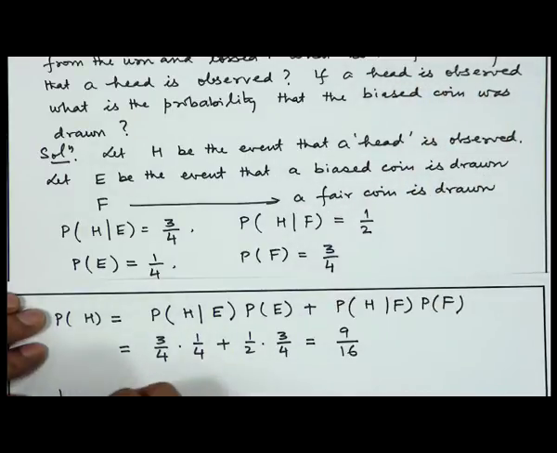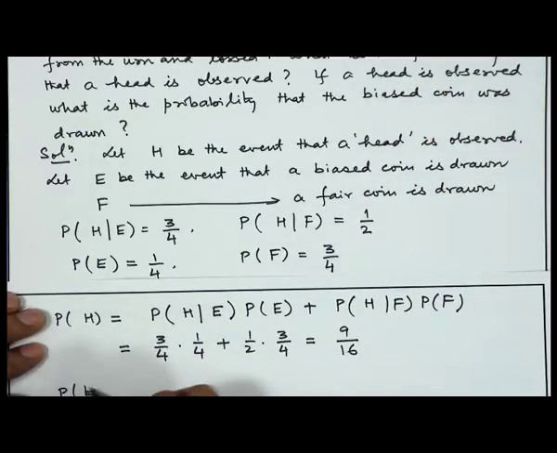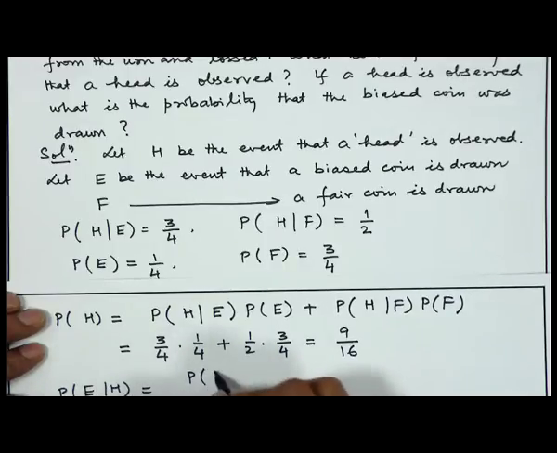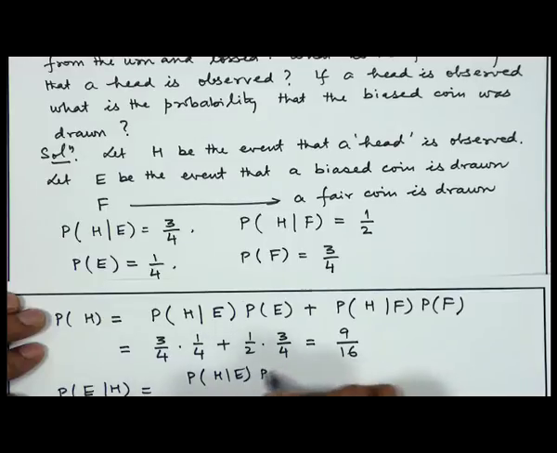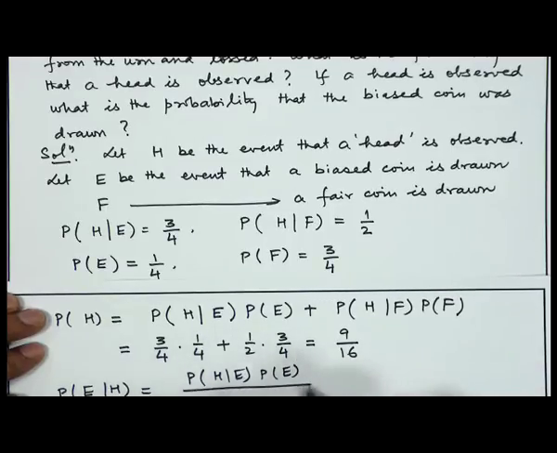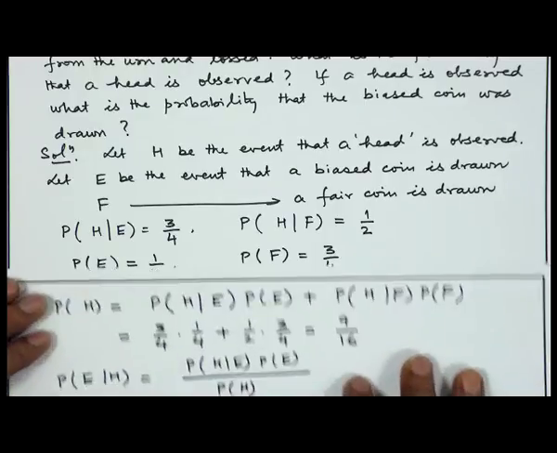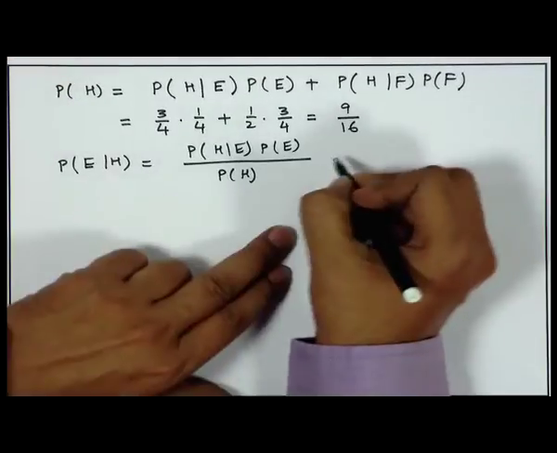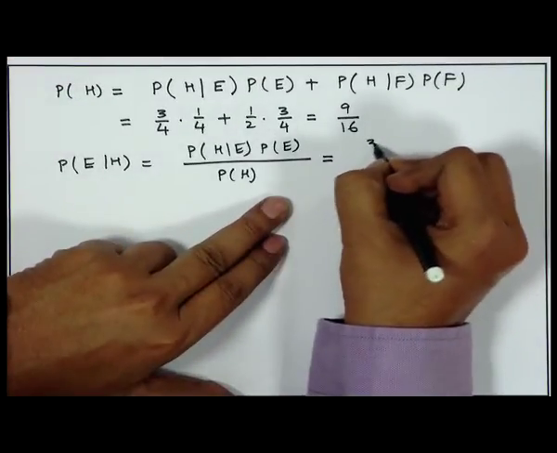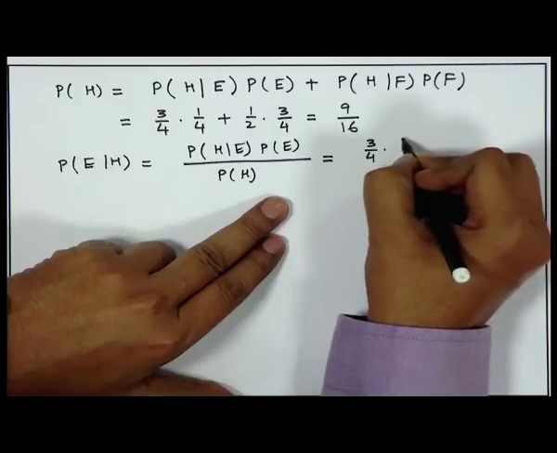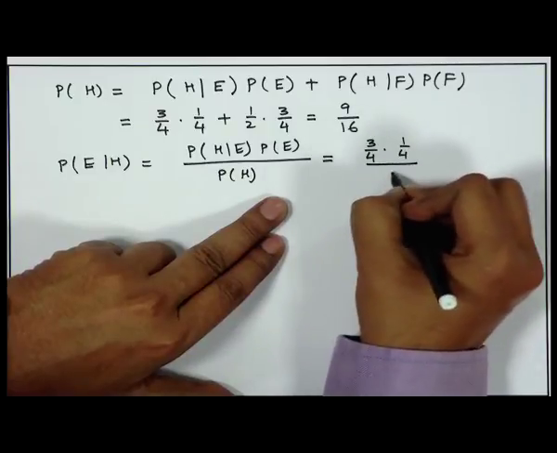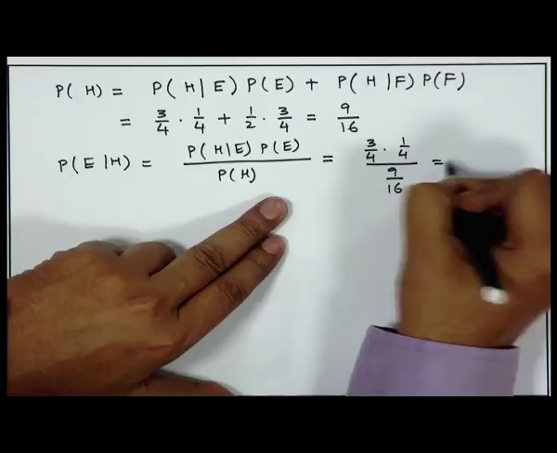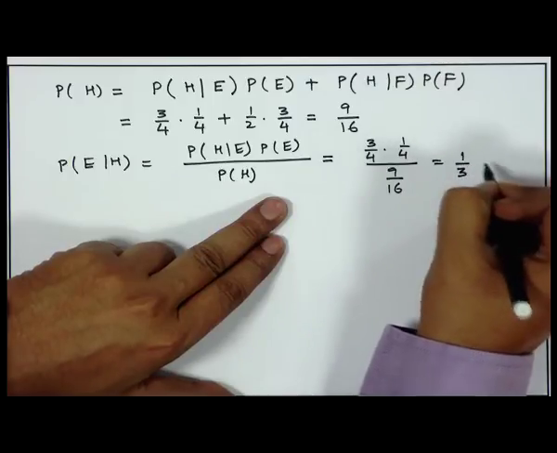So, what is the probability of E given H? So, by Bayes theorem it is H given E into probability of E divided by probability of H. So, all these terms are available, 3 by 4 and 1 by 4 divided by 9 by 16. So, it is equal to 1 by 3.